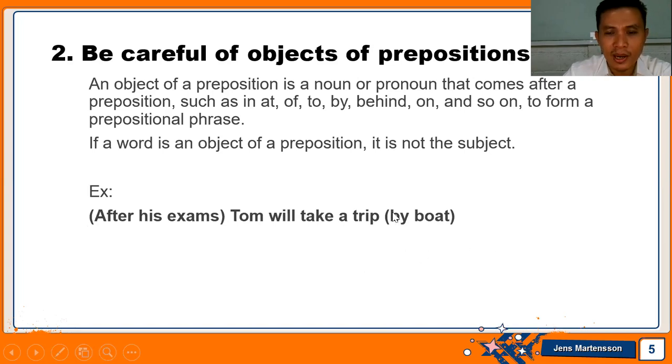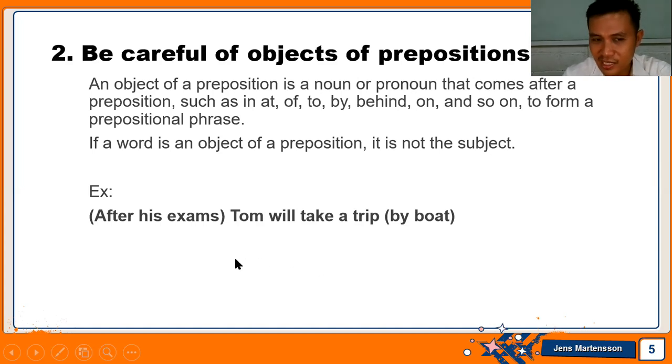So that's what we call objects of prepositions. The subject is Tom, will take is the verb, a trip is also an object, by boat and after his exams are prepositional phrases.